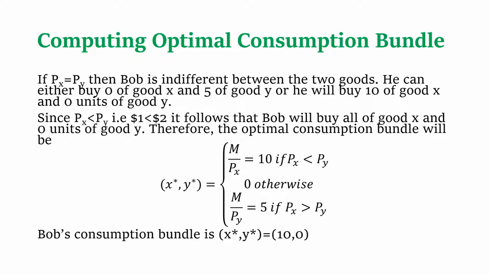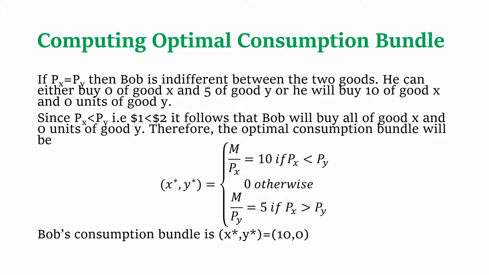So as a matter of fact, the optimal consumption bundle X star, Y star is M over Px, which is equal to 10, if Px is less than Py. 0 otherwise. It is also equal to M over Py if Px is greater than Py.